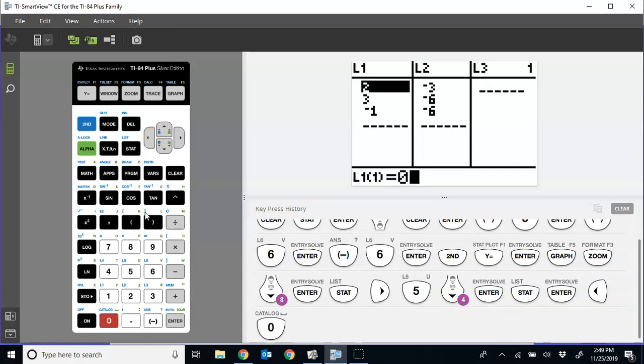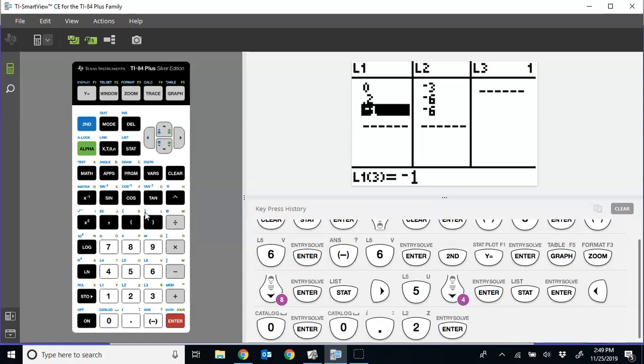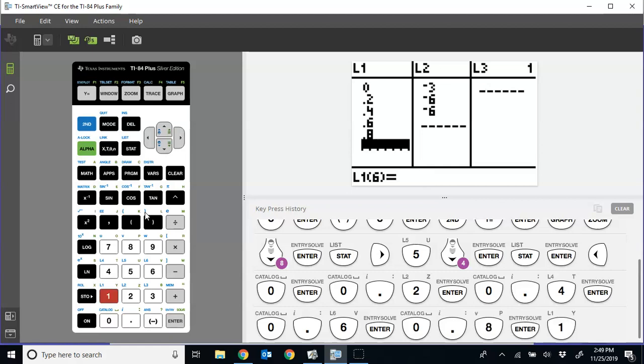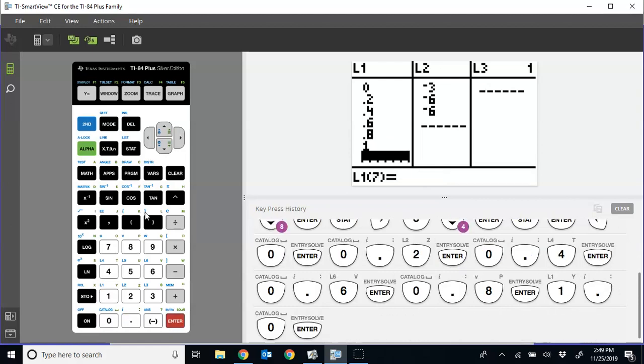I'm going to hit 0 and then enter, and then 0.2 and enter, 0.4, enter, 0.6 and enter, 0.8, enter, and 1.0 and enter. Now I did that pretty quick with the keyboard. It takes a little bit longer when you're clicking the buttons, but it's still fairly fast. You guys can handle using a calculator.